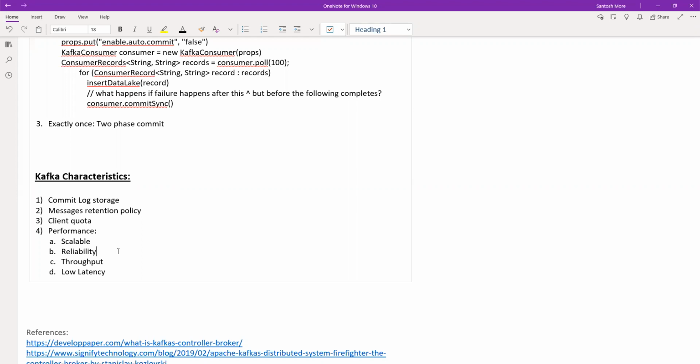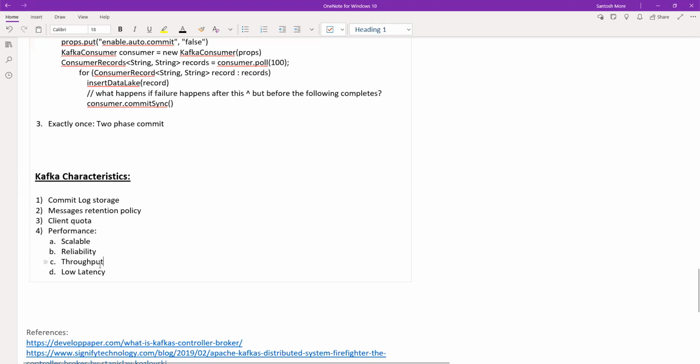If there is any failure on any broker, it is immediately reported to ZooKeeper, and ZooKeeper takes action. So it is very reliable, and the reliability aspect is very popular. It doesn't miss any messages, even if the brokers are down. This is also a very important feature.